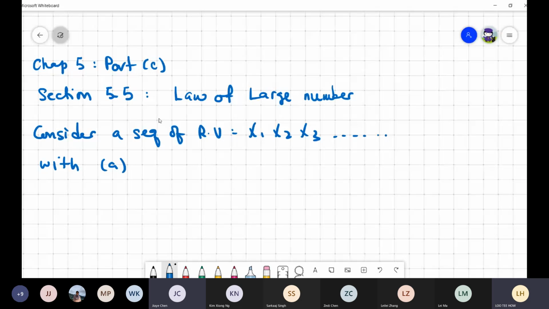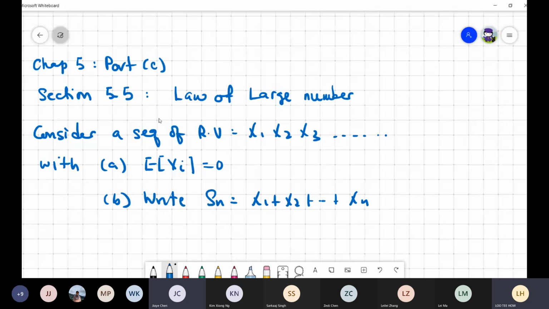Assume E of xi will be equal to 0. Again, this is just to simplify our formula, so not necessarily this. And we can just write Sn to be x1 plus x2 up to xn. If we want to use a summation notation, that will be summing i from 1 to n for xi.